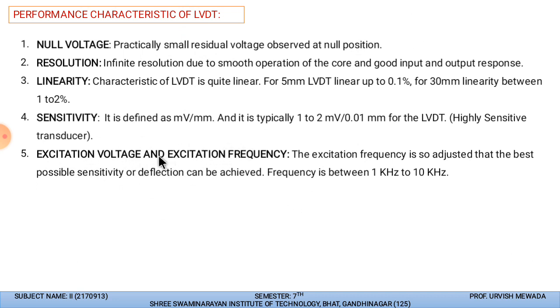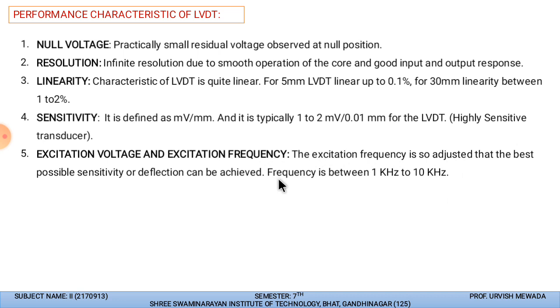Now the excitation voltage and the excitation frequency. The excitation frequency is so adjusted that the best possible sensitivity can be achieved, and this is how we can achieve the maximum sensitivity. The frequency is kept between 1 kilohertz to 10 kilohertz, so that we can have the maximum excitation voltage and frequency, to achieve the maximum sensitivity of the transducer.